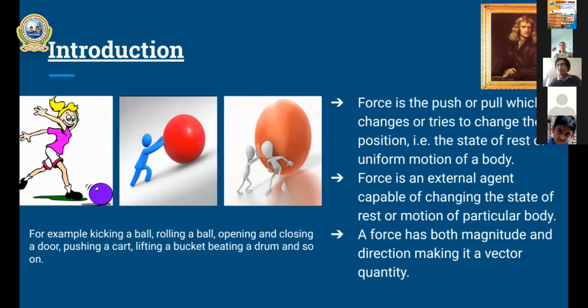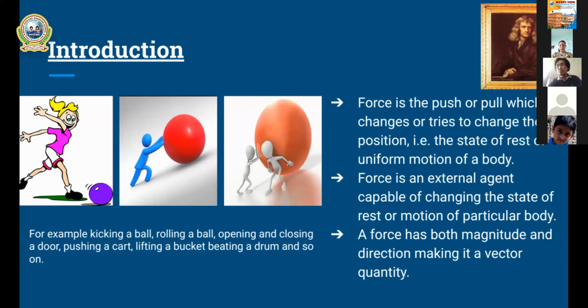When we bring any object into motion from rest, that push or pull is called a force. And if a ball is rolling from a certain height or on the ground and we stop the ball, what we have applied on the moving ball is obviously force.